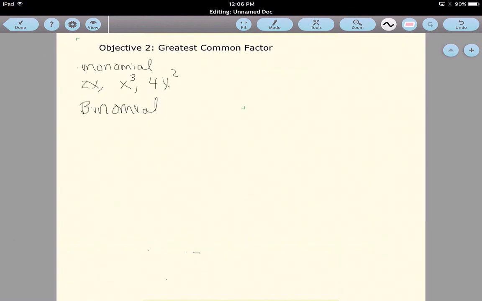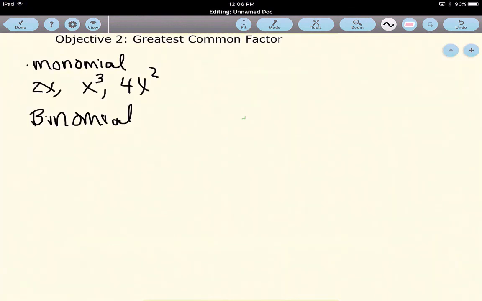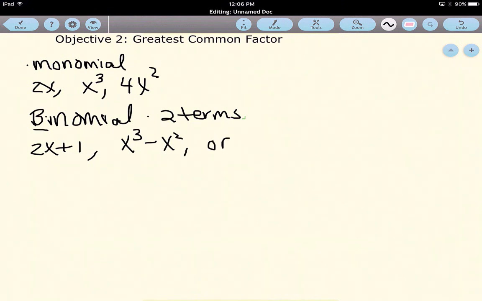coming from the root bi, is a polynomial of two terms, such as 2x plus 1, x cubed minus x squared, or perhaps 3x to the fourth minus 2x, and many more.